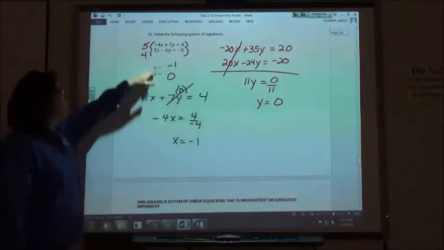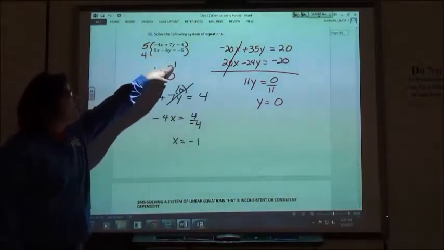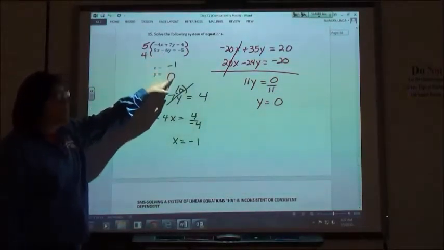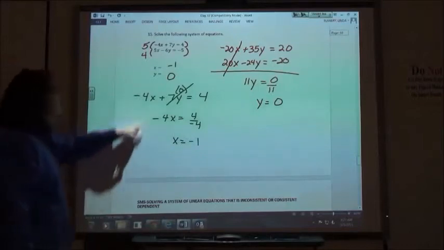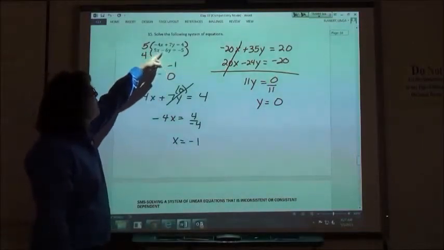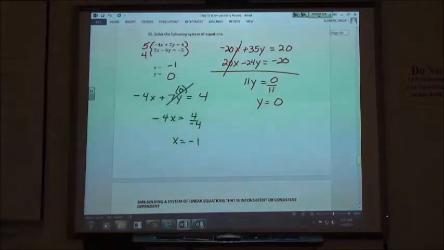So if we want to double check that quick, we're going to do 5 times negative 1 minus 6 times 0. Negative 6? Yep, that was a minus 6y, right?